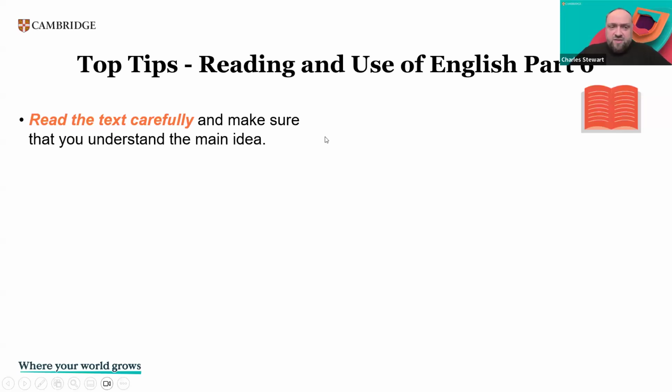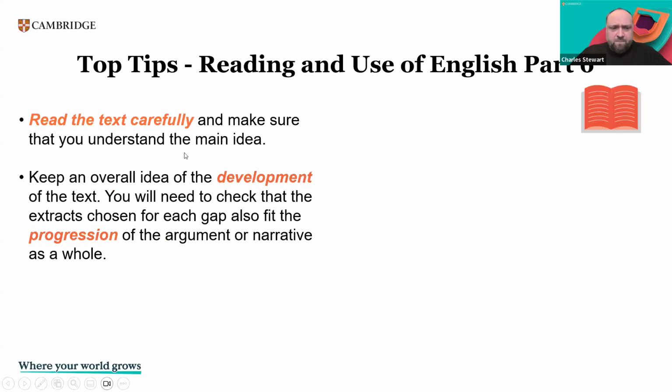First of all, as with everything, make sure to read carefully. Make sure that you understand the main idea in each paragraph. Now, usually with the reading texts, you can use skimming, you can use scanning, absolutely you can. However, with part six, you do need to read a little bit more in detail in order to understand what the answer is. So, first of all, read the text carefully.